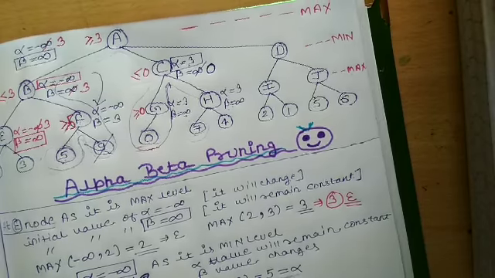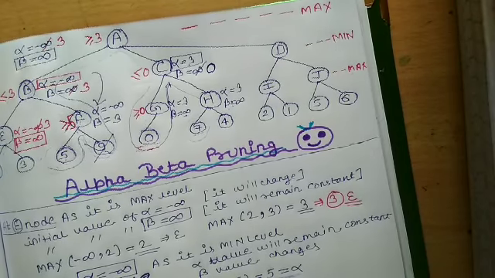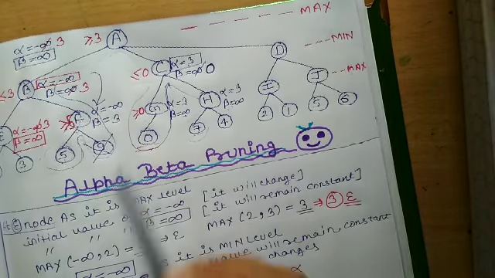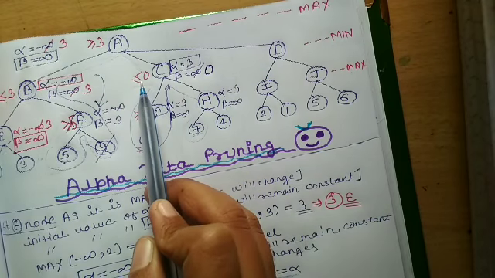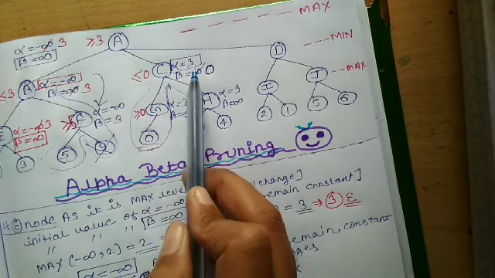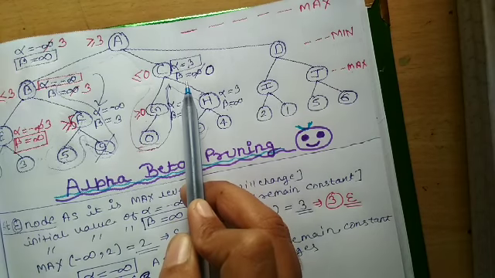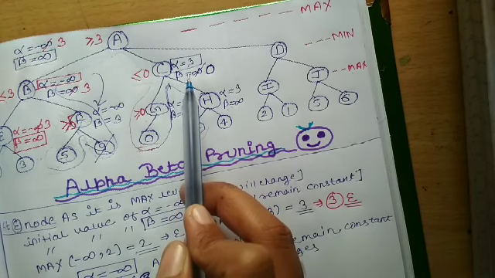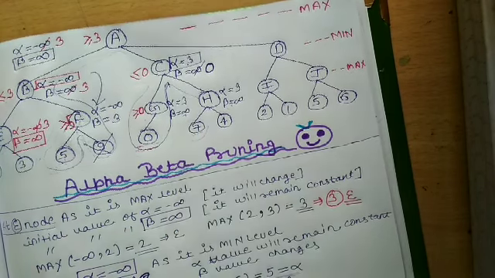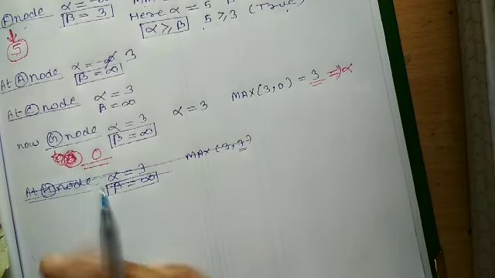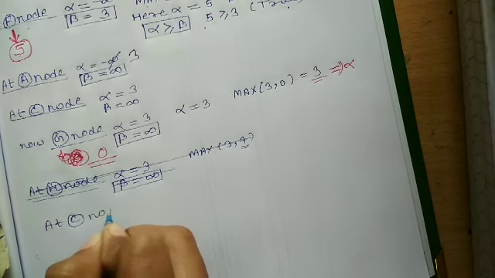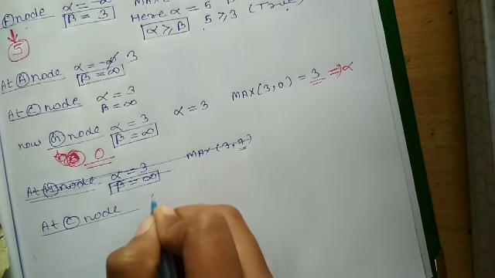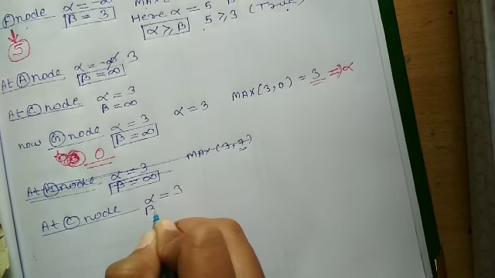So we don't have to explore H node first, but just check one thing. Here alpha value is 3, beta value will become 0 from here. So the condition alpha greater than or equal to beta is true here. I will write it. At C node, alpha is equal to 3, beta is equal to 0.